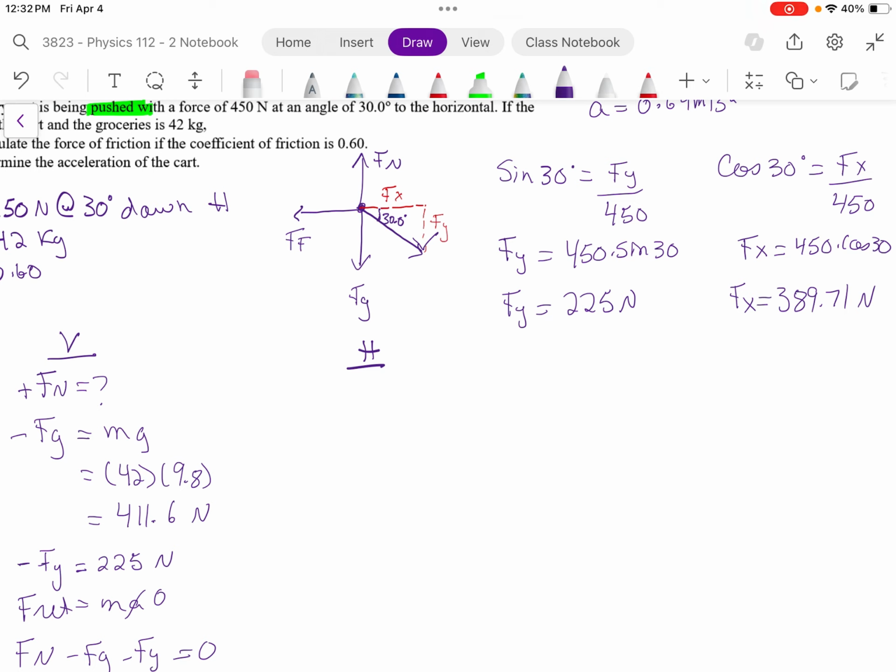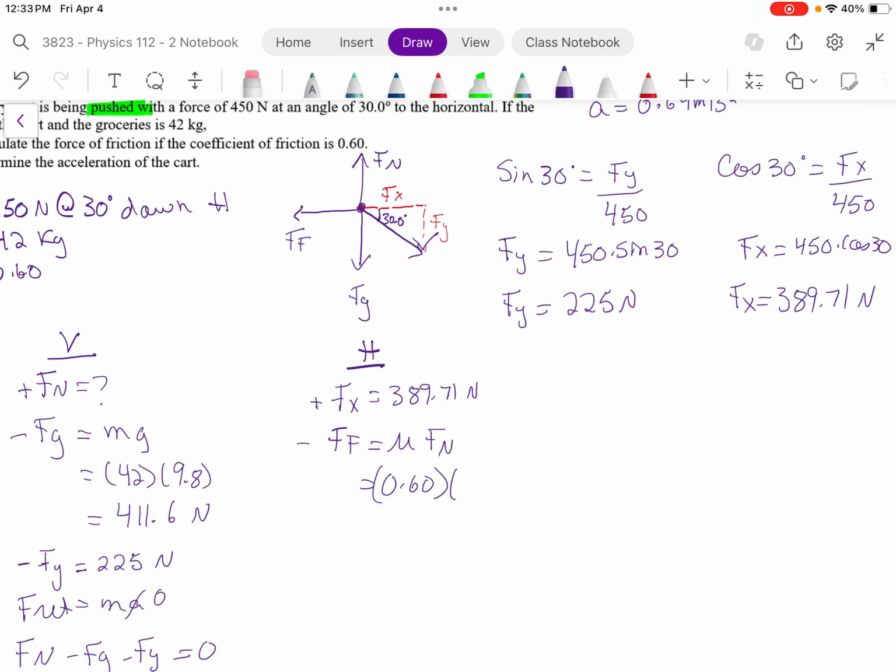Now we're going to analyze horizontally. Horizontally, what forces do we have acting? We have Fx, which is to the right, and so it's positive, and it's 389.71 newtons. We have Ff, which is negative, and it's equal to mu Fn. Our mu is 0.60.